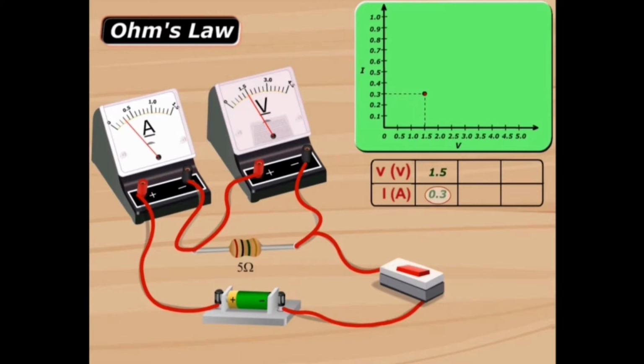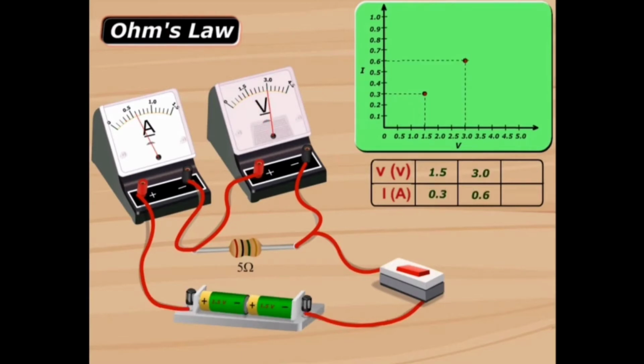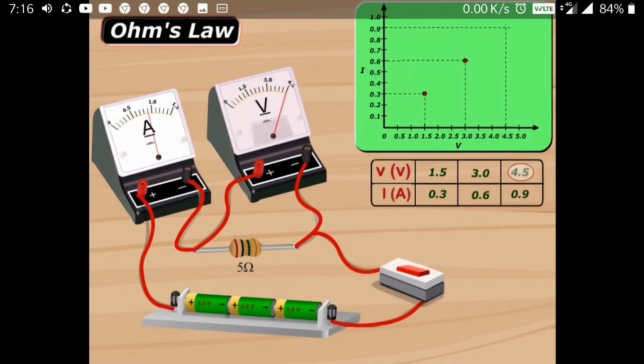Now let's see the reading by connecting two cells in place of a cell, and we find that the ammeter reads 0.6 amps and the voltmeter shows the reading of 3.0 volts. By this we come to know that as the potential difference increases, the ammeter reading, that is current, also increases.